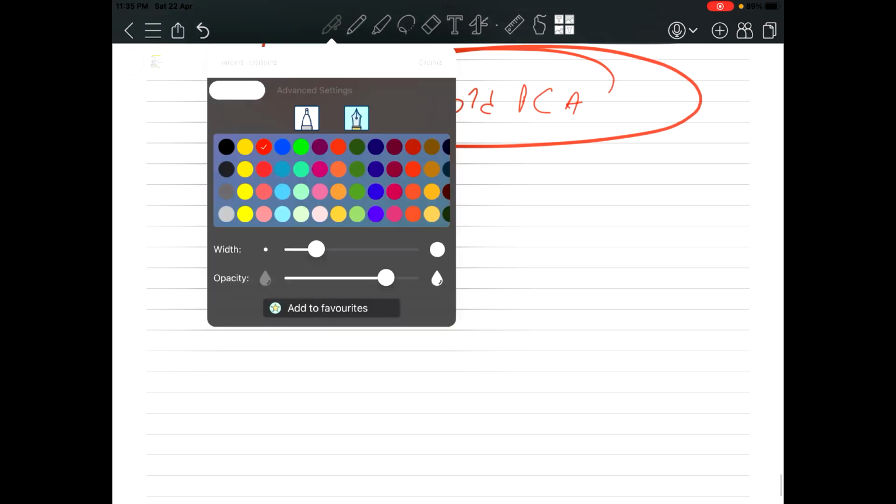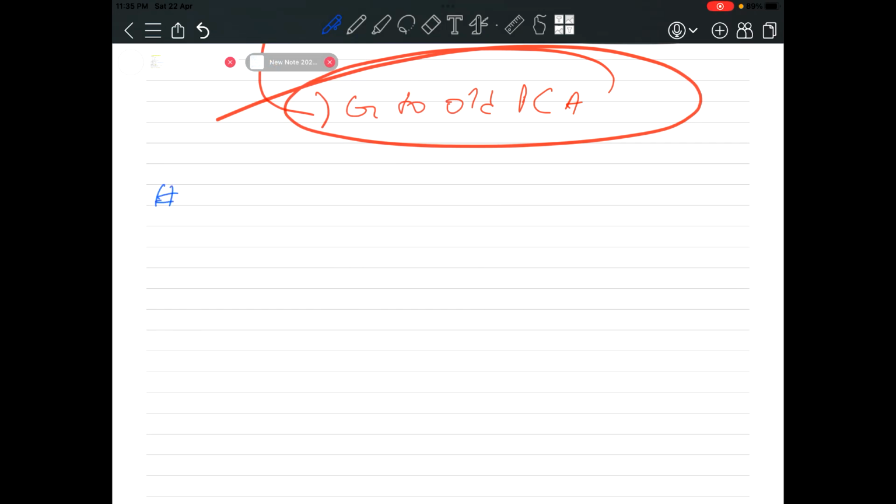So you will write a note if you want. Accumulated profit or reserves. Accumulate means different years' profit, 2021, 22, 2020, 2019. So all the profits which are not distributed will be called accumulated profit.